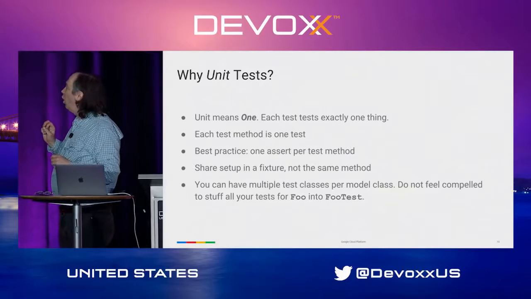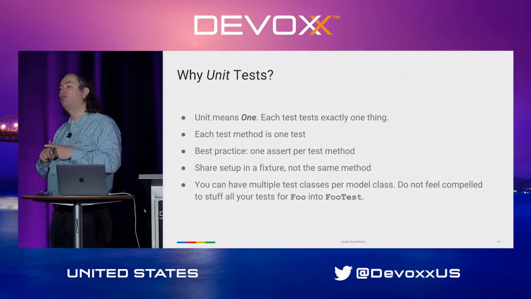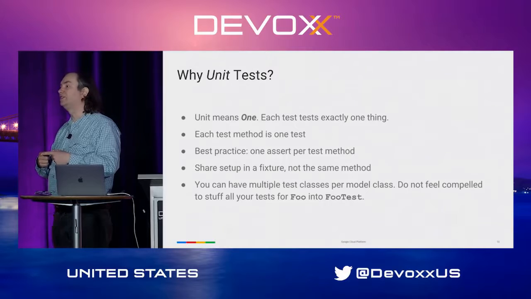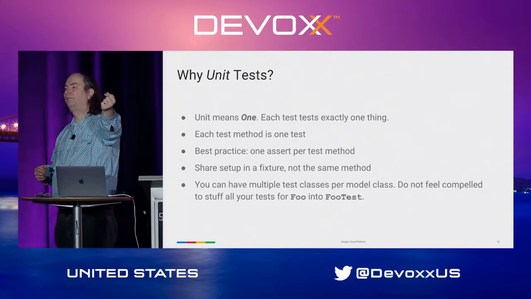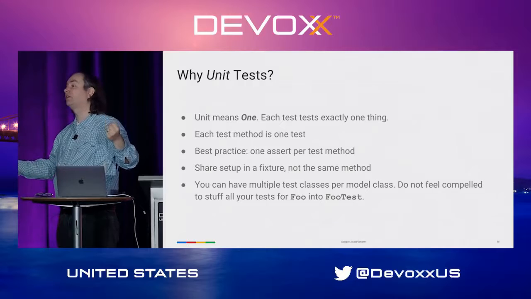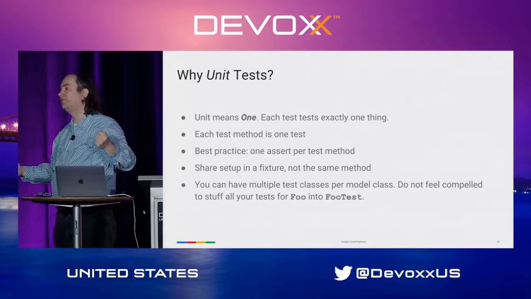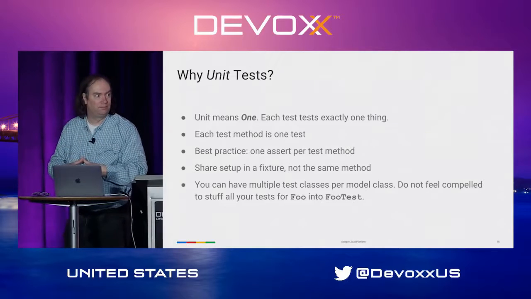Something that is often forgotten is you do not need to have an exact one-to-one ratio of test classes to model classes. It is perfectly okay that if you have one model class, dialog frame buffer or something, that single model class can have 10 different classes that test different components of it. Generally, they will set up the class differently.